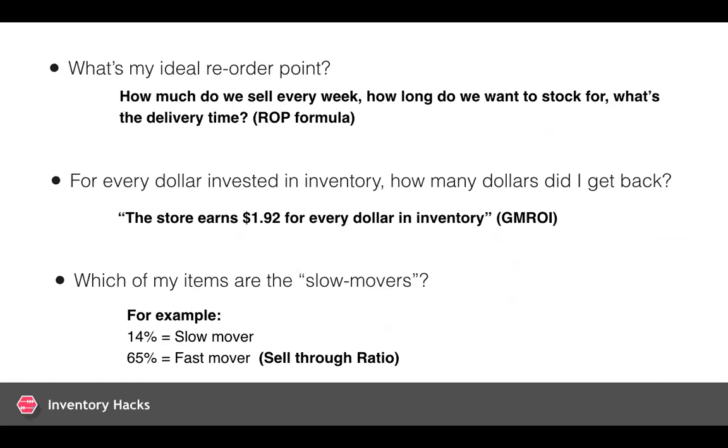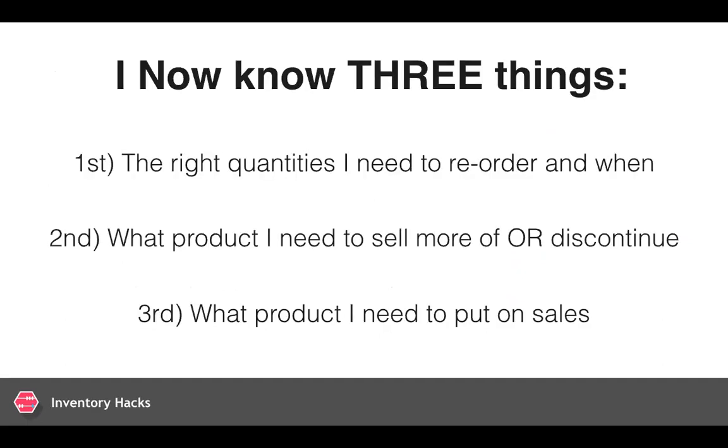So those three are really all you need. If you count your products and have accurate inventory levels and use it to do only these three things, there's a ton more you can do when you have accurate inventory.